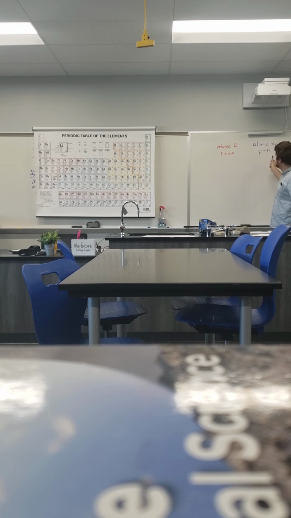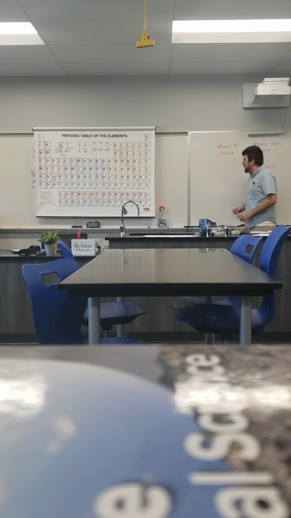So this is the first main part of what we need to do. We know that atomic mass is equal to protons plus neutrons. I'm writing that separate like a little formula because you're going to use it like a math formula today once we get into our work.